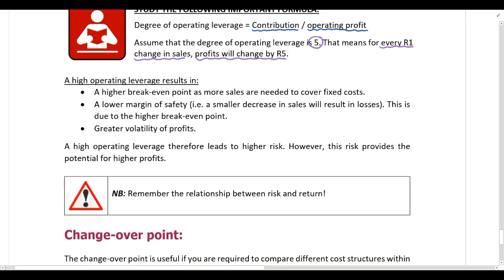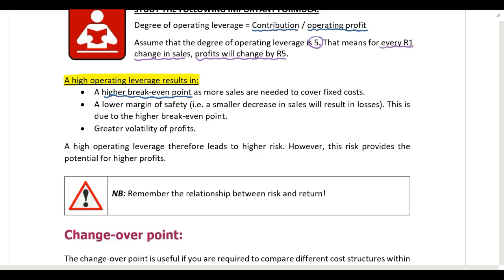Now, whilst we are here, we can also discuss this in more detail. A high operating leverage will result in a higher break-even point as more sales are needed to cover the fixed costs. So we can confirm that we did calculate the break-even point for both production processes, and we saw that the automated production process had a higher break-even point.